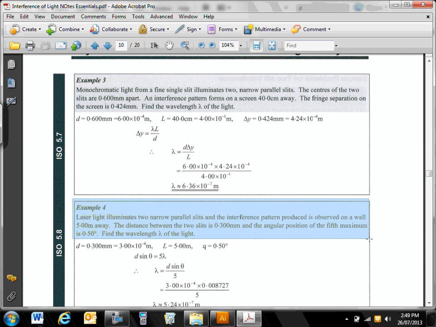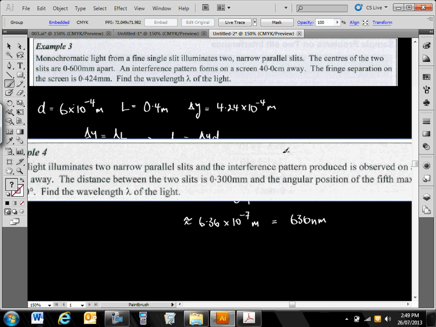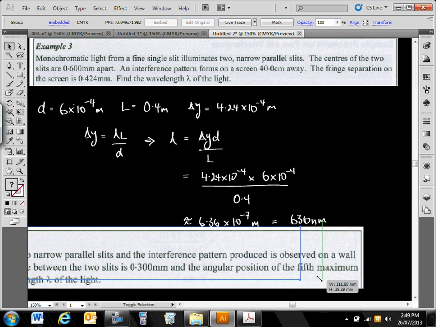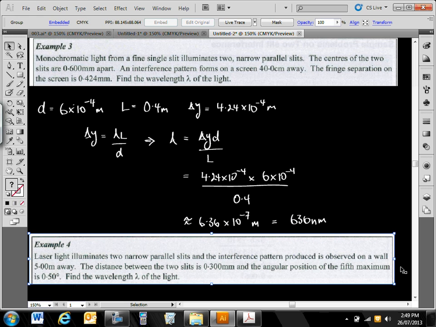Last example for now. Laser light illuminates 2 narrow parallel slits, and the interference pattern produced is observed on a wall 5 meters away.